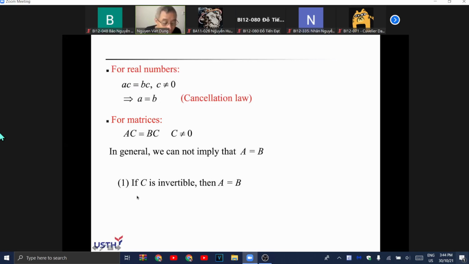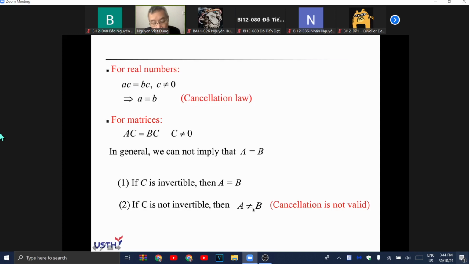We can have it only if C is invertible, then we can imply that A equals B. And in case C is not invertible, then in general A is different from B, and that is what we mean by the cancellation law not being valid. So what is invertible? That is what we need to define today. Not right now, but today.